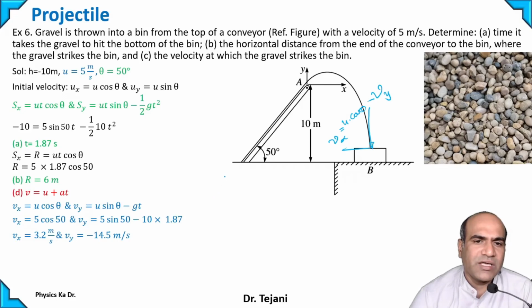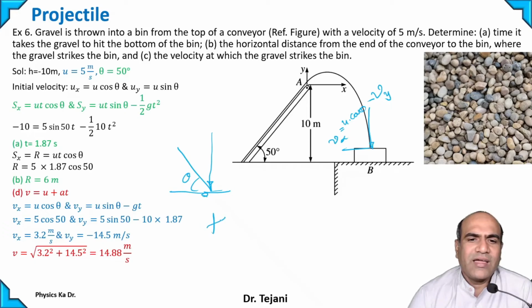See, as I mentioned earlier, Vy is showing negative direction, right? So if you take direction like that, you will have an angle with respect to horizontal. So how to find this angle? Tan theta is equal to Vy by Vx.